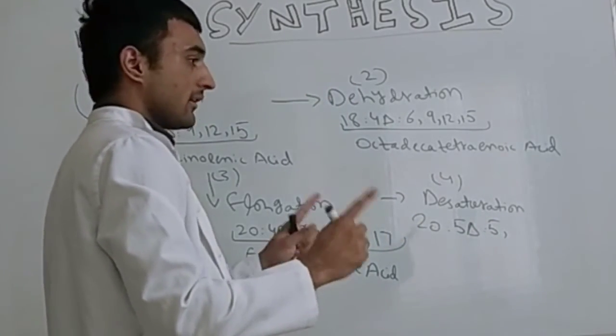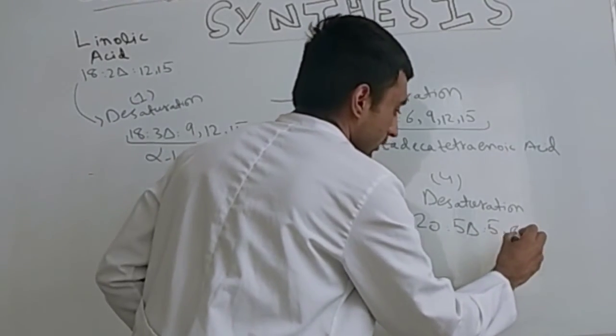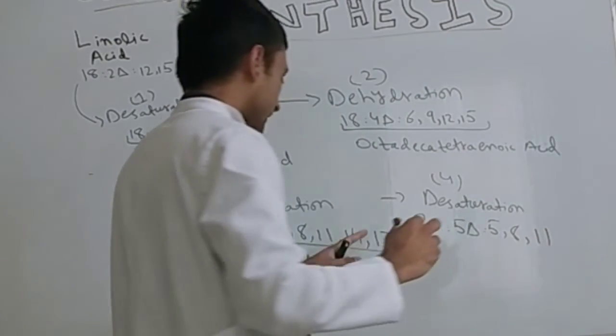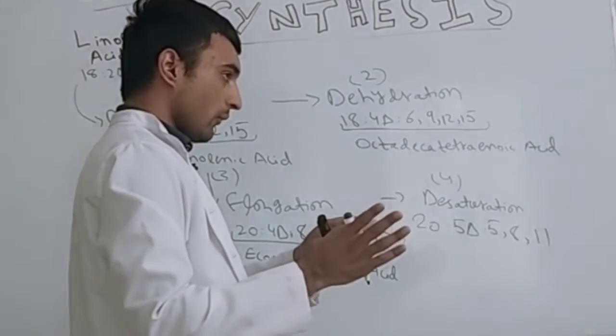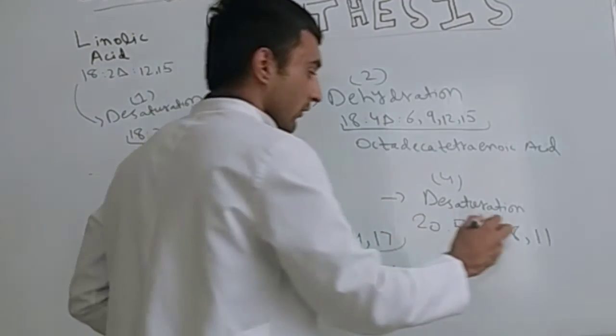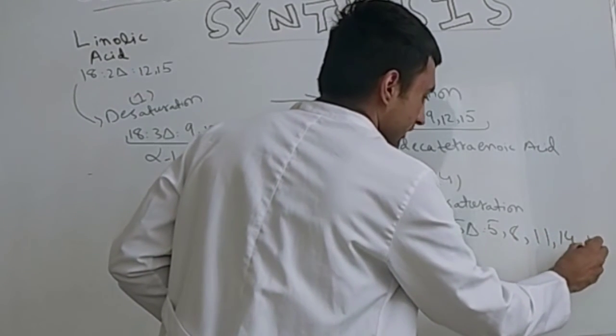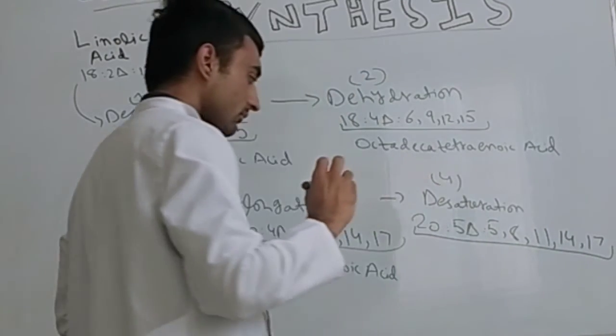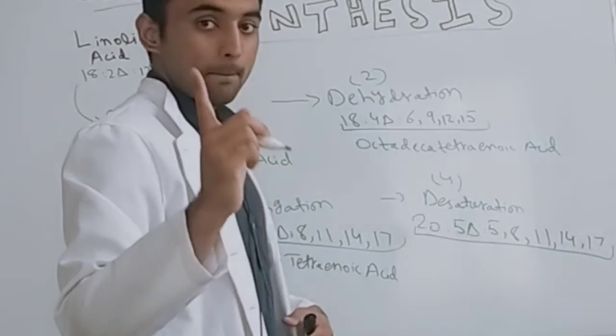Now 11, 10, 9, we will write 8. Then 14, 13, 12, we will write 11. And 17, we will skip 2 digits backward: 16, 15, we will write 14. And then 17. So the name of this chain is eicosapentaenoic acid.